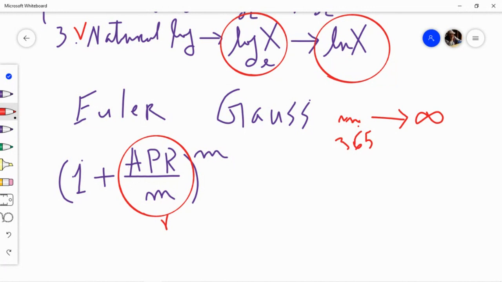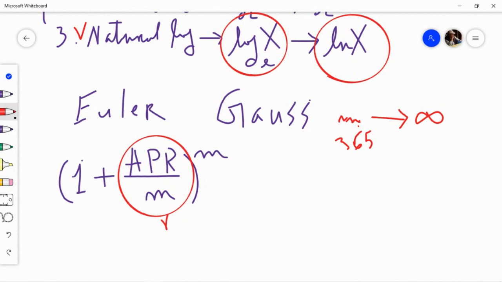What kind of number has 9 digits? Billion. So nanosecond means 1 billionth of a second. And theoretically, if we stretch m to infinity, right?